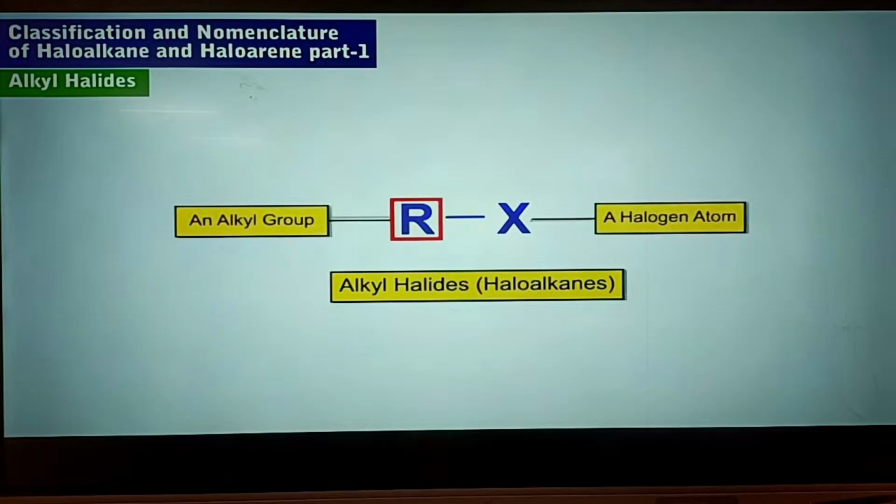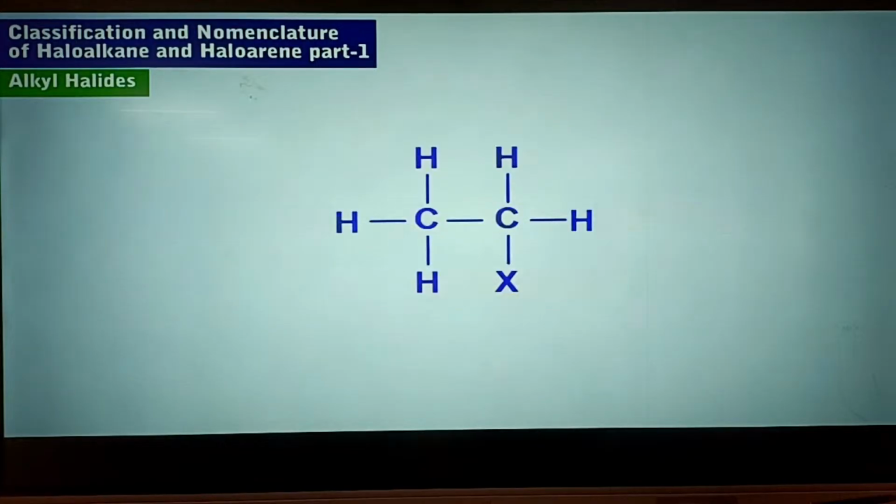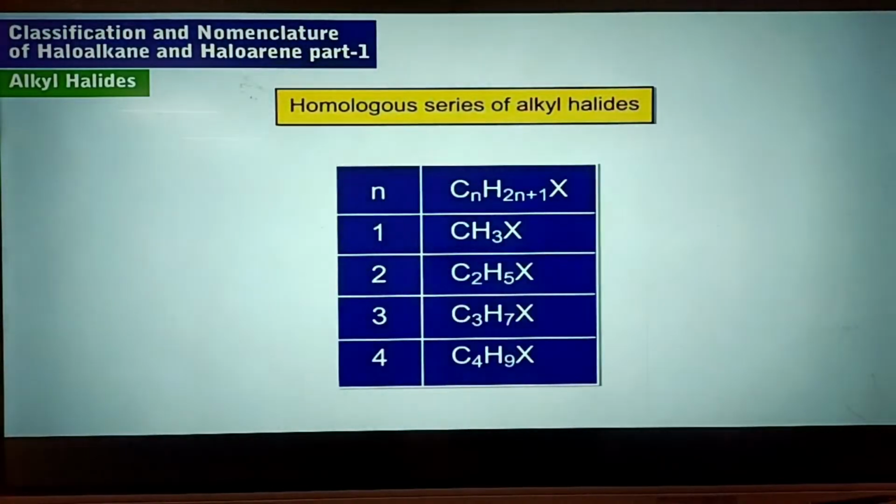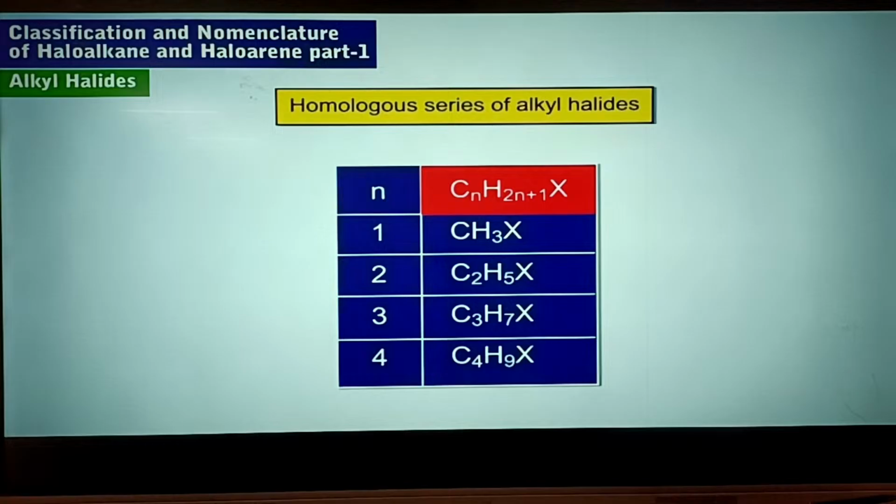R here represents an alkyl group. In these compounds, the halogen atom is bonded to an sp3 hybridized carbon atom. The homologous series of alkyl halides can be represented by the formula CnH2n+1X.